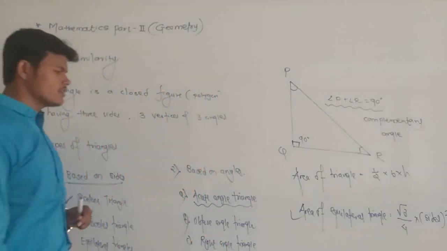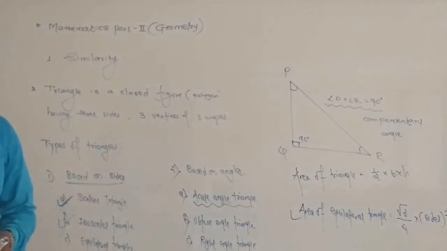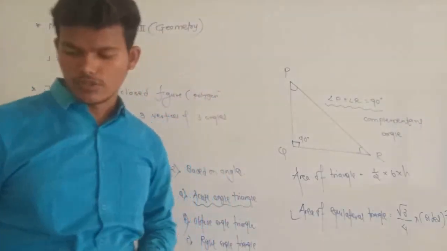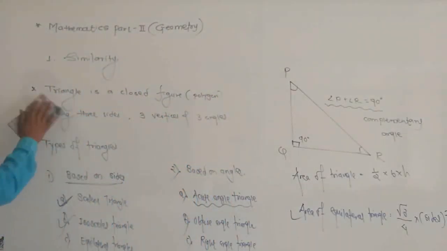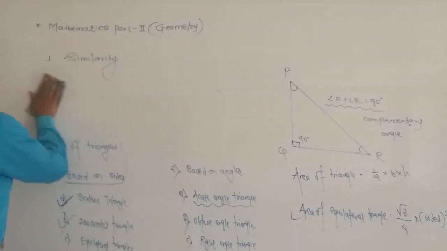Okay. Another important point is ratio and proportion. This point we also discussed in the 9th standard. What is ratio and what is proportion? Ratio is nothing but comparing two or more quantities.